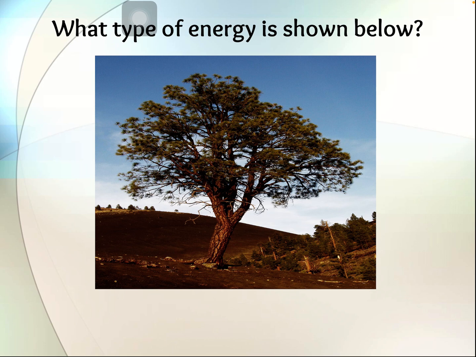And trees are able to take the energy in sunlight and turn that into energy which is stored as a molecule called glucose or sugar. And that is the basis for all life on Earth, is that chemical transformation right there. But we have light or radiant energy, the sunlight coming down, and then of course we have the chemical energy that the tree is making and storing inside it. Okay.